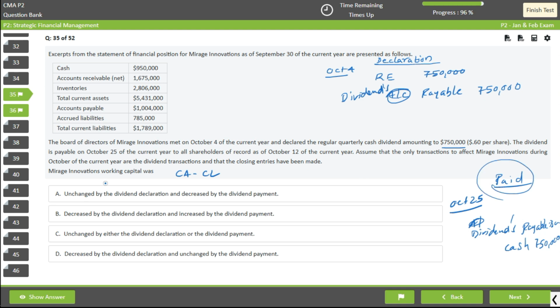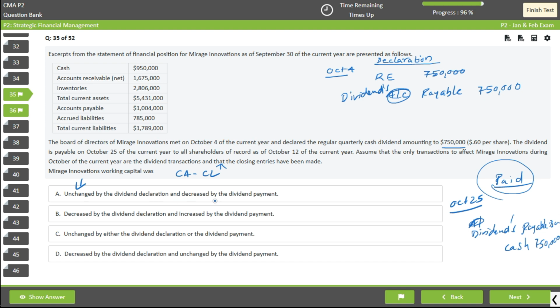So let us see the effect of the dividend declaration on current assets and current liabilities. Current assets are unchanged, but current liabilities increase because dividends payable increases. This means working capital is going to decrease.